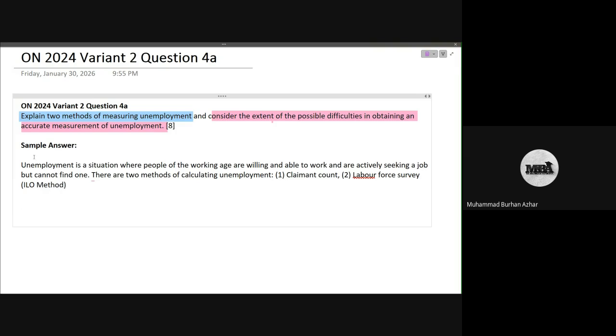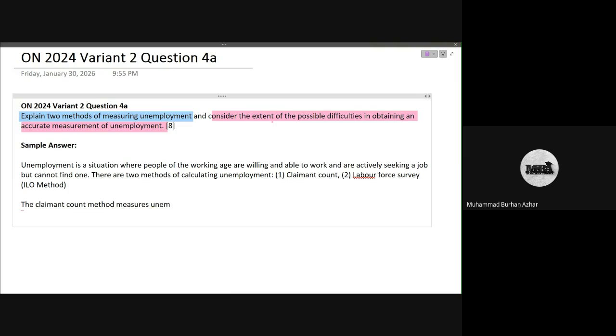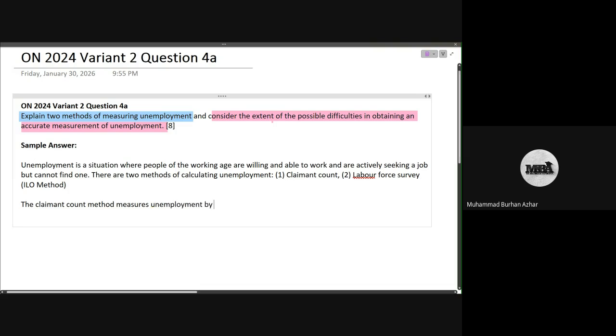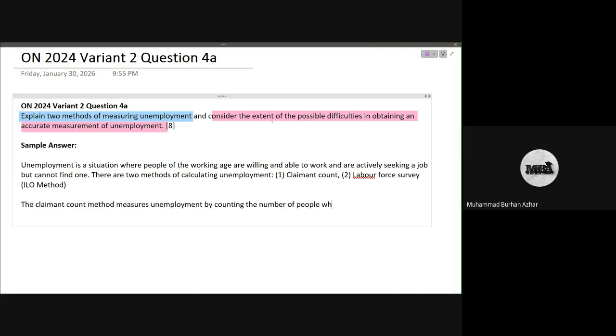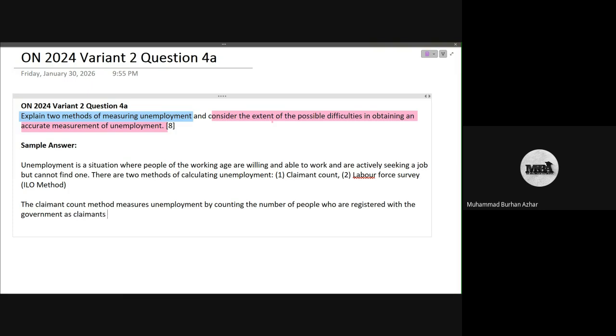So we start by explaining what the claimant count method is. The claimant count method measures unemployment by counting the number of people who are registered with the government as claimants. And we need now to explain what claimants are. A claimant is any person who is claiming unemployment benefits.